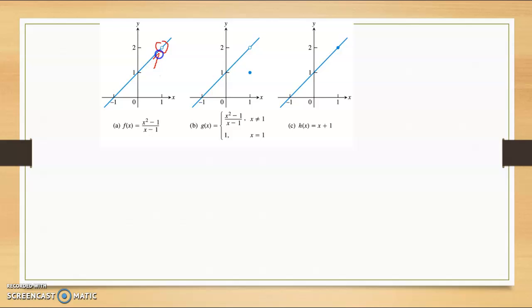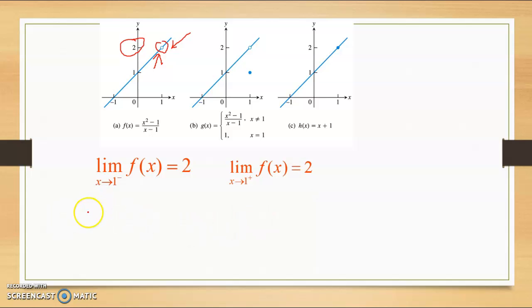When you approach from the left and the right, you can see the function value is equal to 2. Because of that, we can say the limit exists from the left, and at the same time the limit exists from the right, with the same value. From that we can conclude that the limit for the first one exists and its value is 2.